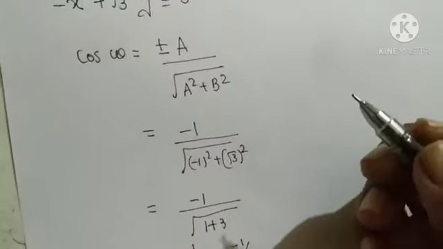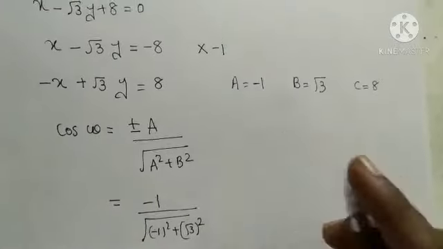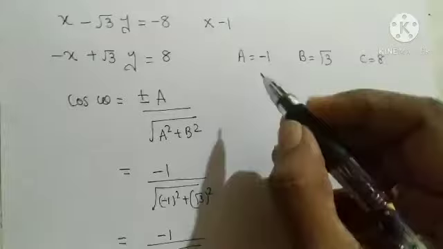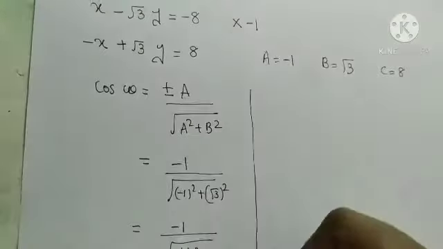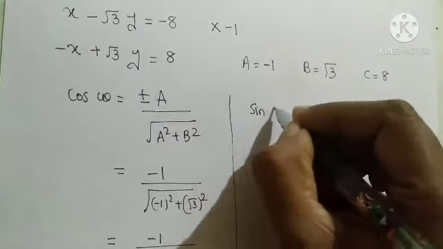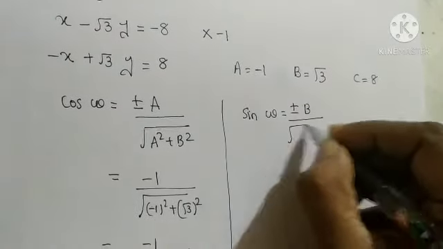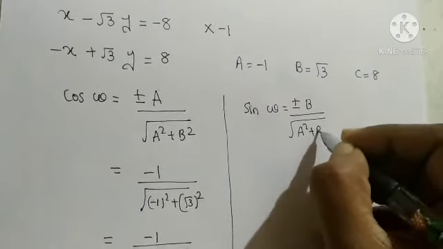Next we need to calculate sin omega, and we know that sin omega is equal to plus or minus b divided by root of a square plus b square.